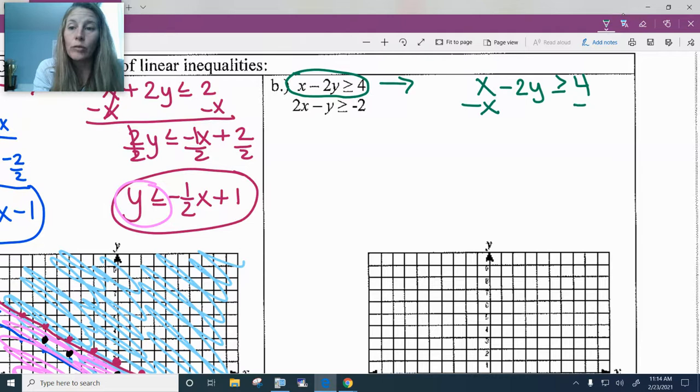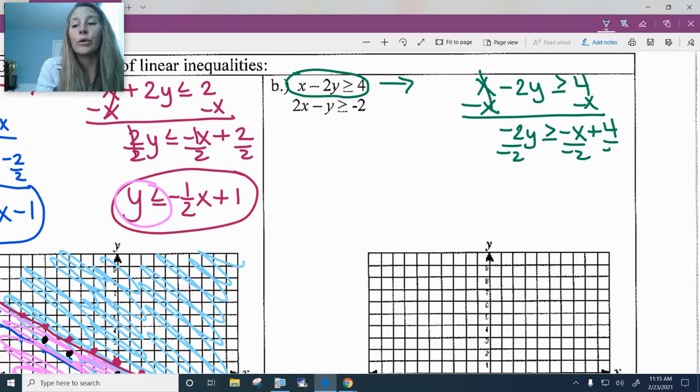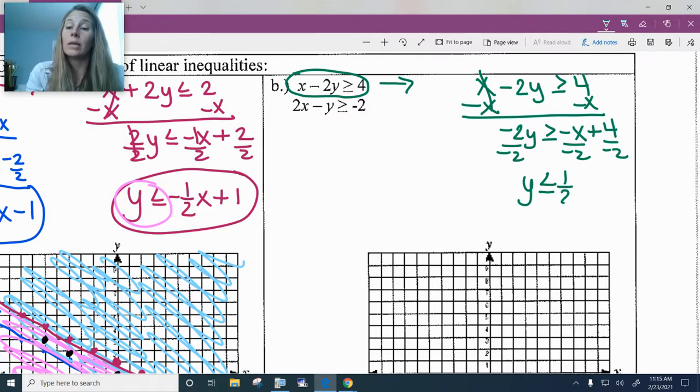So I'm going to move my x over by subtracting it. -2y is greater than or equal to -x plus 4. And now everything needs to be divided by -2. Now remember your inequality rules. When you divide by a negative or multiply by a negative, you must inverse your inequality sign. So this is going to flip directions here. Then we end up with a +1/2 x and a -2 for the rest of our inequality.